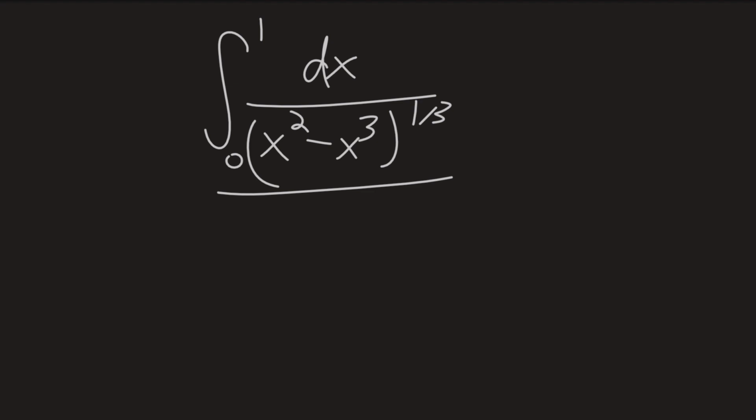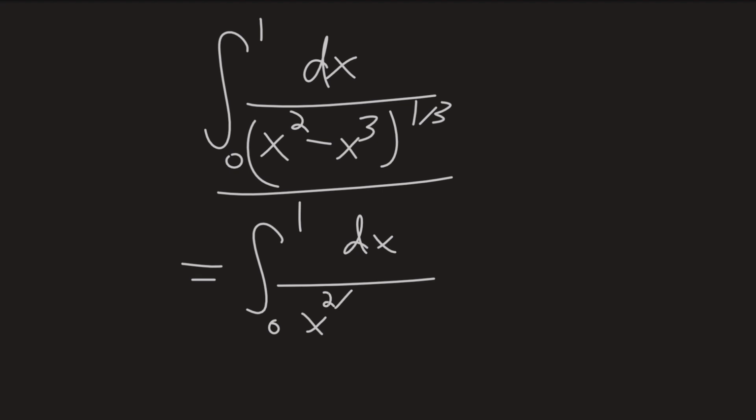What we're going to be doing is generalizing it and then going backwards to solve it, if that makes sense. One of the reasons you're able to do this using complex analysis is that this is the same thing as this right here: x to the 2/3 times 1 minus x to the 1/3.